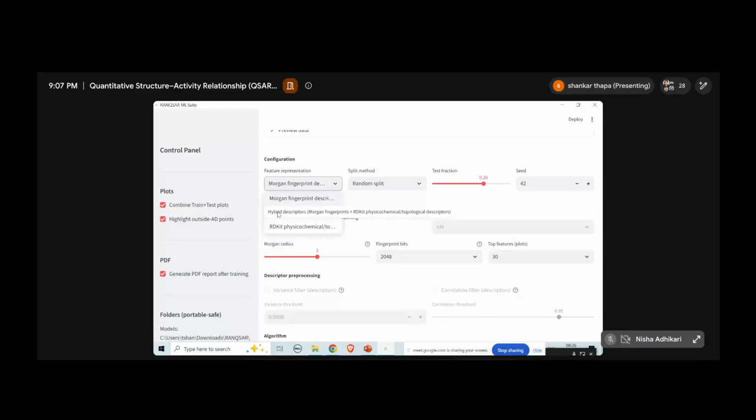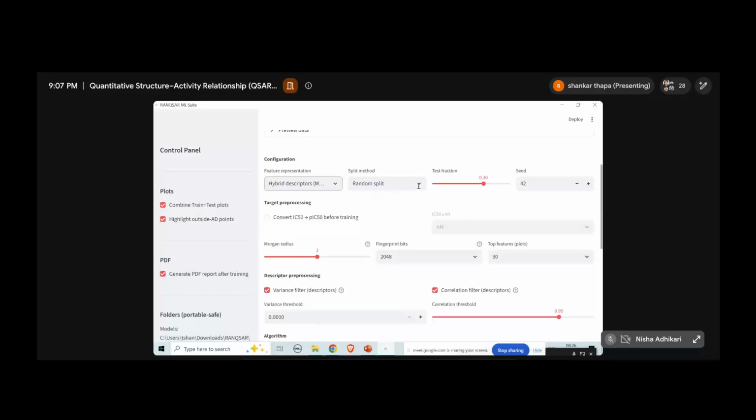The hybrid fingerprint includes the Morgan fingerprint plus RDKit physicochemicals, and it also includes the topologicals. Or if you only need the RDKit, you can choose. But my suggestion is you go for the hybrid descriptor so that you can generate as many descriptors as required for the model development. So yeah, I'm choosing the hybrid one.